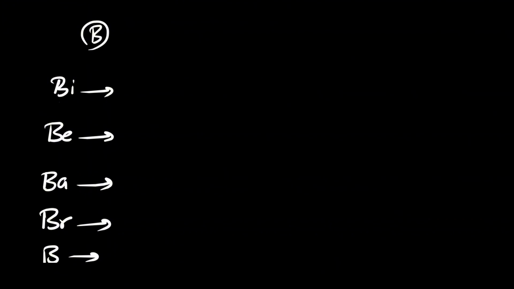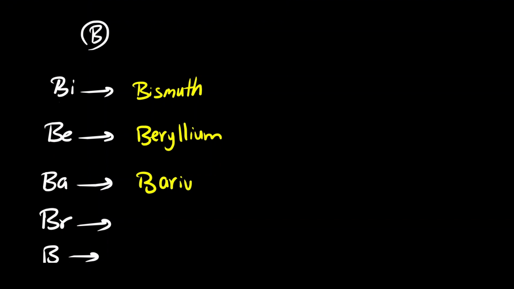Bi corresponds to the element bismuth. Be is beryllium. Ba is barium. Br is bromine. And B itself is the element boron.